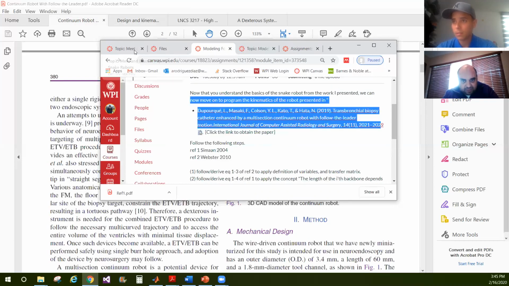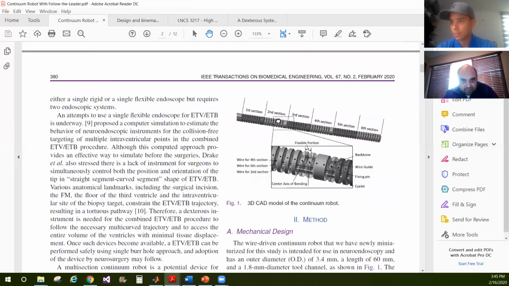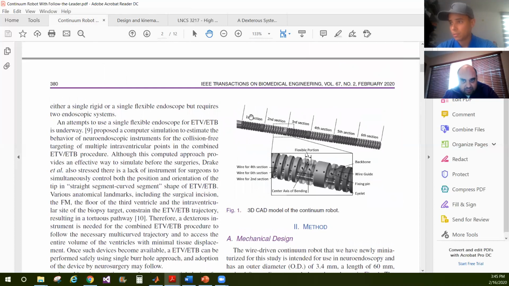So it means that we're still talking about a 6-section robot such as this one. So if it's 6 sections, are we thinking 5 links and the 6th is just the end effector? Yes, that's what I believe too. Yes, because once you brought that picture, I thought that's where you were going with that.